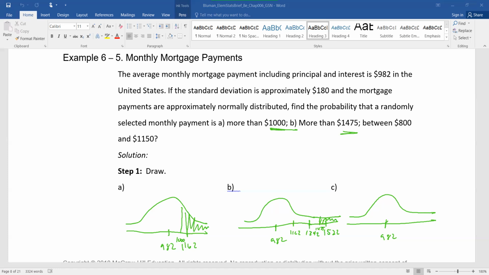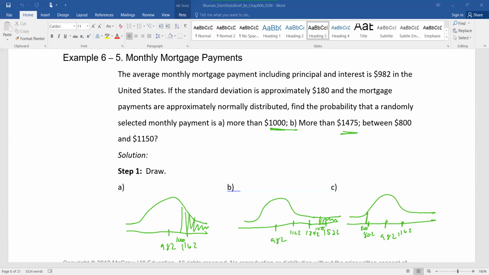That makes sense? Okay. So I'm looking at between 800 and 1150. Well, I know one standard deviation away was 1162. So that's going to help with the 1150, but I need to go backwards at the 800. So what's 982 minus 180? 802. So I can see with 802, my first mark will be almost right dead on it.